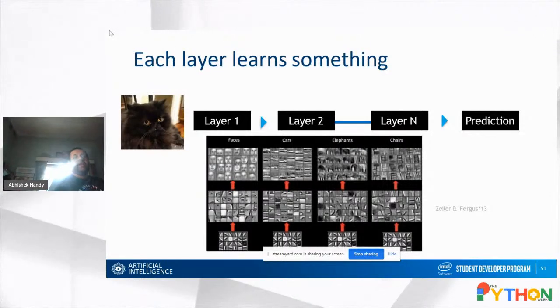If we see this particular picture of a cat, and we process this picture in a PC, it is not able to identify what exactly it is. So to make it identifiable, we have to break it down into different layers. There might be n layers available for us, and finally we make the prediction.